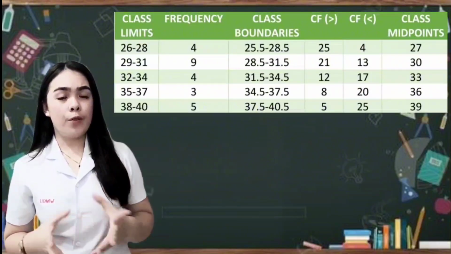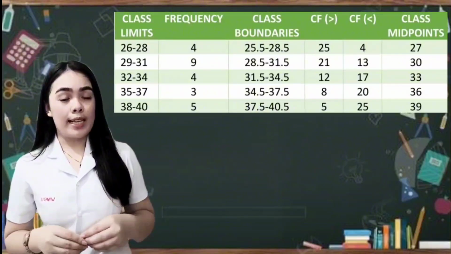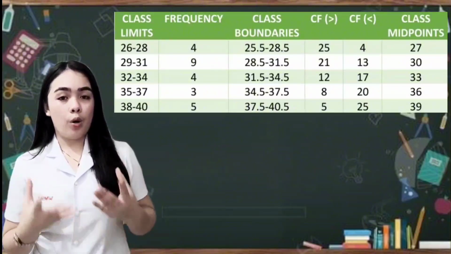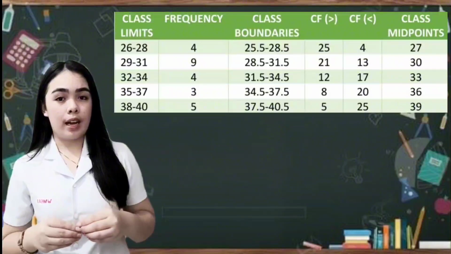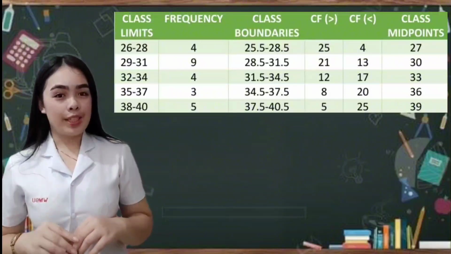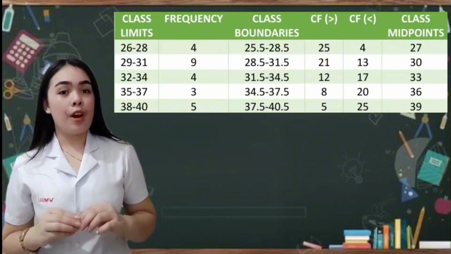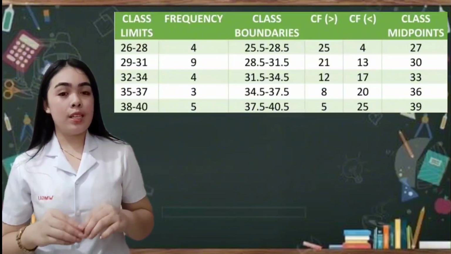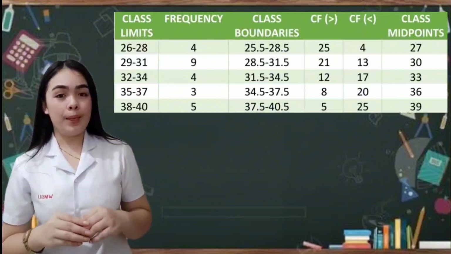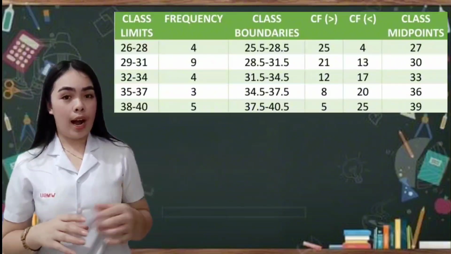So always remember, in frequency, we just need to look at our data and see how many times the data appear. So now let's also tally the class boundaries. Just like what I said earlier, in finding the class boundaries, we just need to subtract 0.5 from our lower limit and add 0.5 to our upper limit.